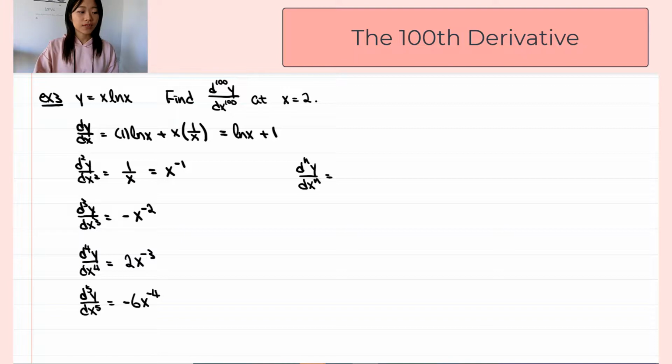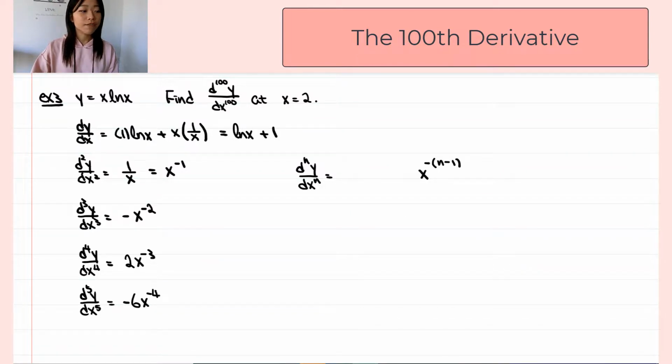Third derivative, the exponent is negative 2. Fourth derivative, exponent is negative 3. And fifth derivative, the exponent is negative 4. So the exponent is always the negative of the nth derivative minus 1. So the exponent would be negative n minus 1.